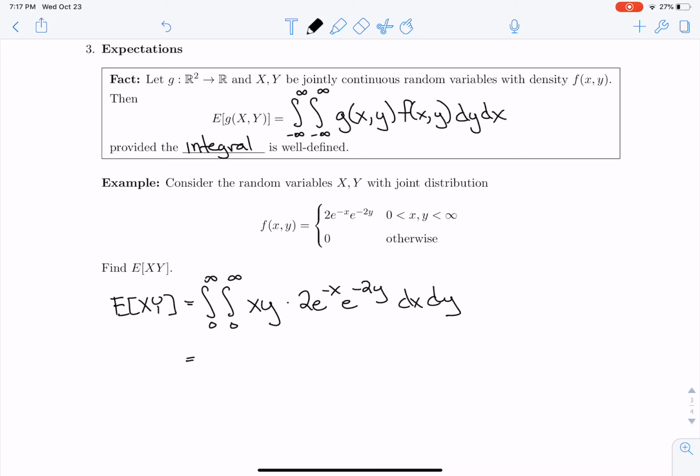And like some of our previous examples, we can actually split this one up into two integrals. The integral from 0 to infinity of x e to the minus x dx, and the integral from 0 to infinity of y times 2e to the minus 2y dy.